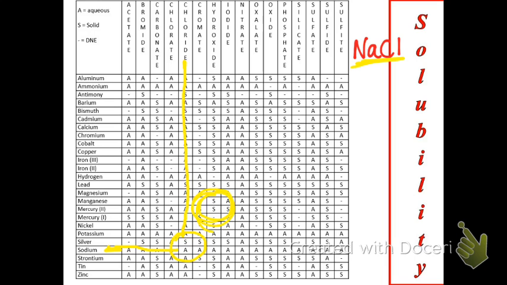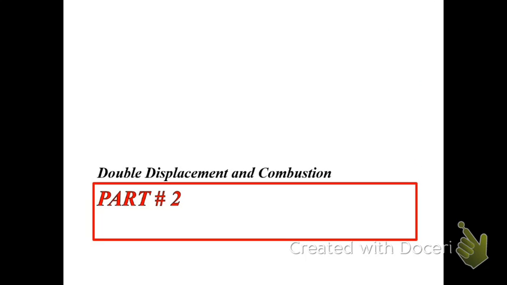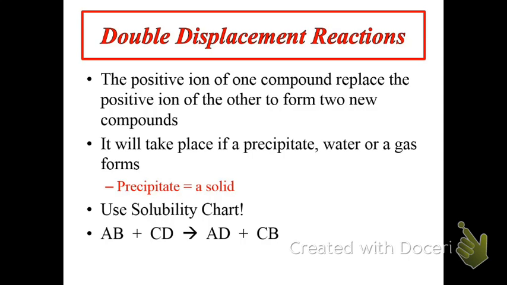Okay? So when we do our first type of reactions, which in this section we're focusing on double displacement and combustion, we're going to need that solubility chart to label our products. Double displacement reactions are when a positive ion of one compound replaces the positive ion of another compound.